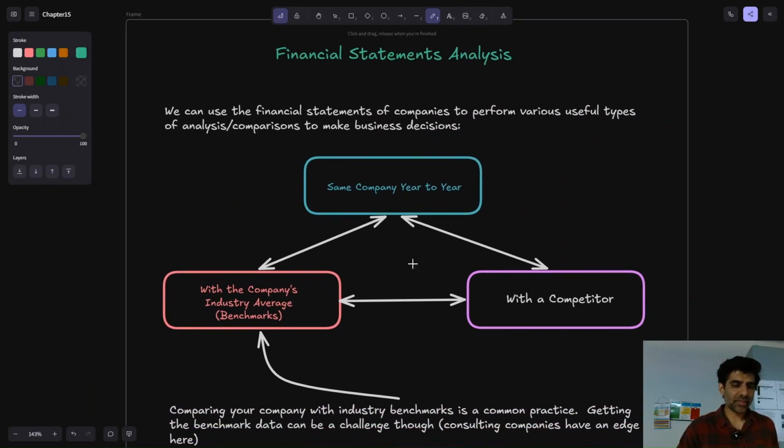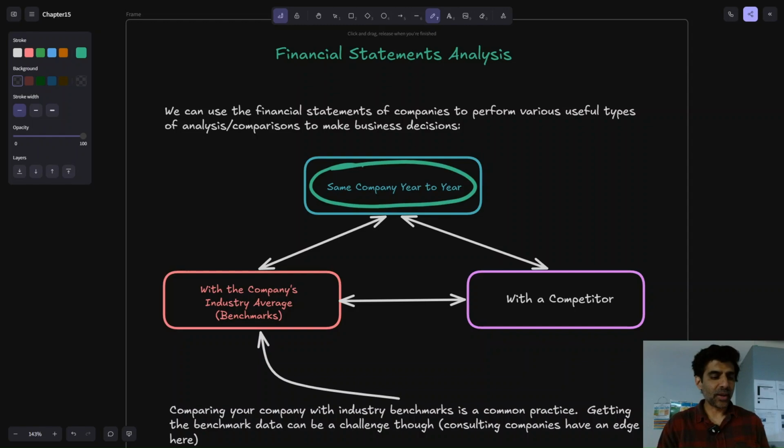why are we doing this? Well, it's to help us form some analysis for decision making. Okay, so what are the types of analysis we can do? The first is we can compare one company to itself over time. Okay, so if you had multiple years of financial statements, you could see how the company is doing over time, what is changing.